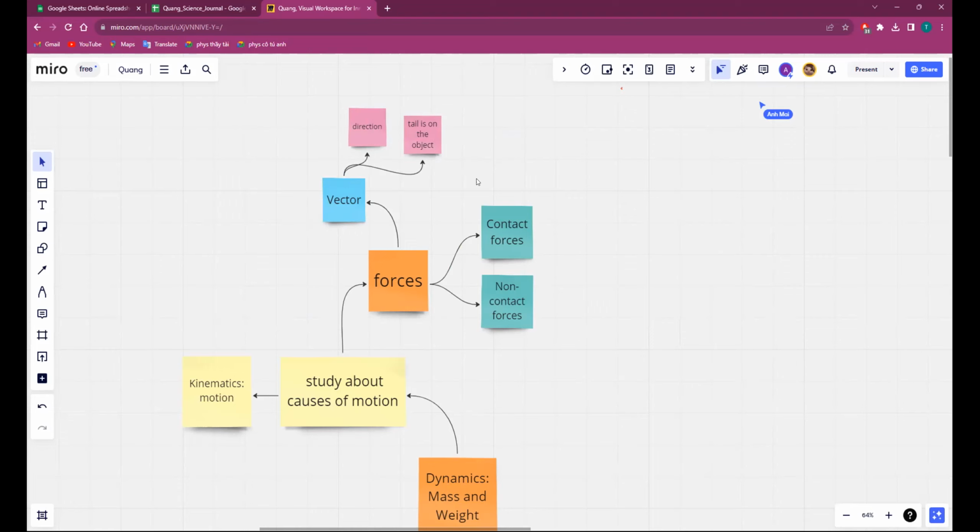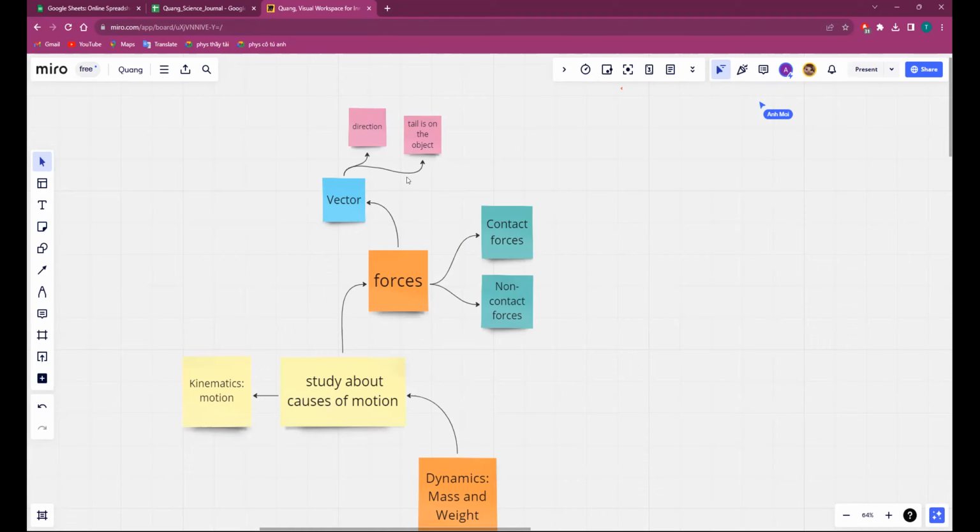How do you draw a vector? With an arrow on top. Is it different if the arrow is short or long? It doesn't matter. Are you sure?